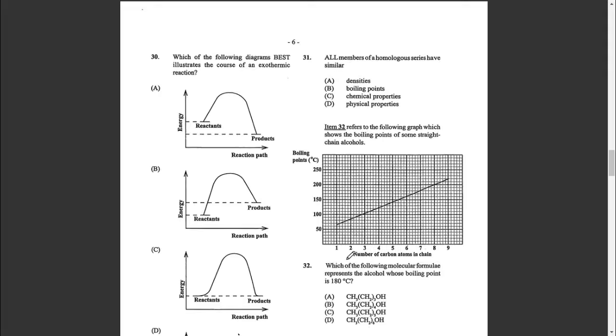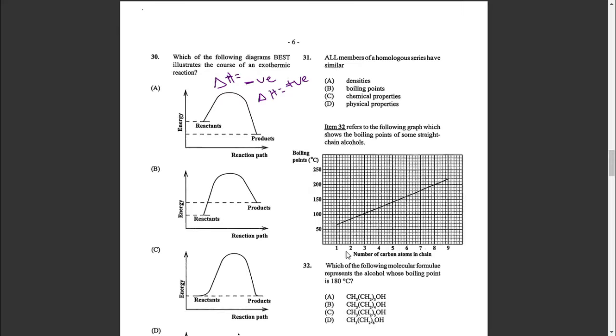30. Which of the following diagrams best illustrates the course of an exothermic reaction? Exothermic means that heat is given out and delta H is a negative value. For an endothermic reaction, delta H is a positive value.